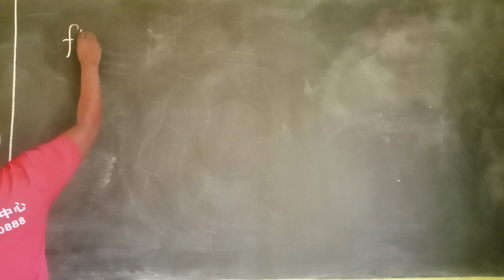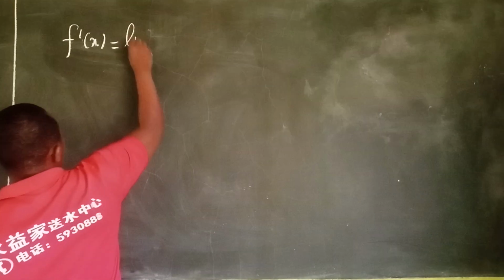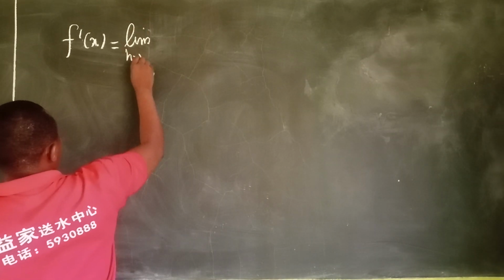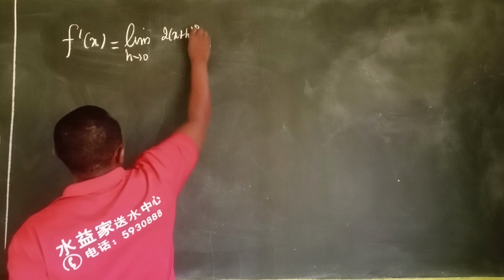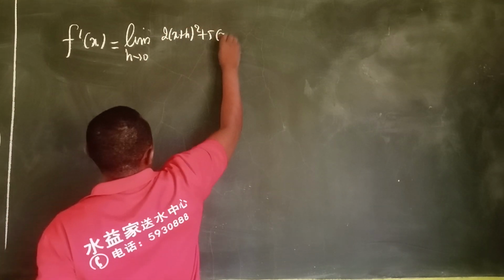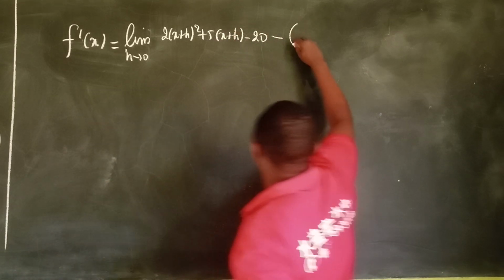Let's continue on this side. What you have, our derivative is equal to, remember, the square and the square root will cancel one another. That's why we are going to have the limit when h approaches 0 of 2 into (x + h)² + 5 into (x + h) − 20, then negate b squared.